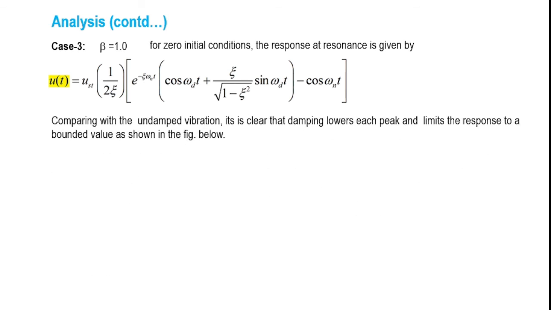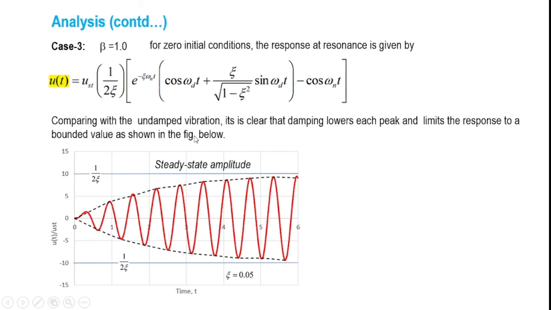So now, we know that under an undamped vibration, at a frequency ratio beta equal to 1, the amplitude tends to infinity. But if we consider a damped vibration, it is clear that the damping lowers each peak and limits the response to a bounded value, as shown in the figure.